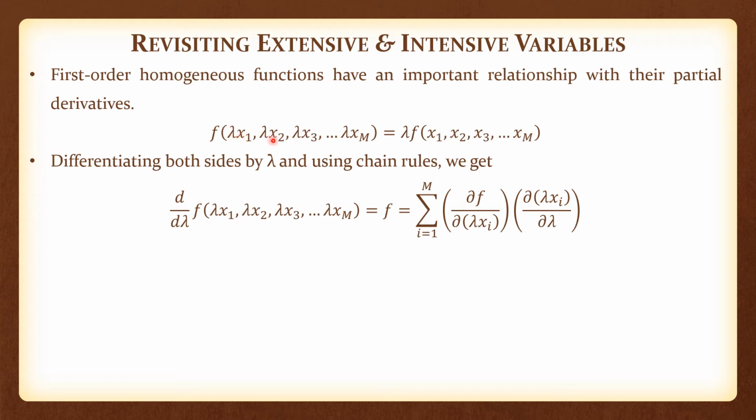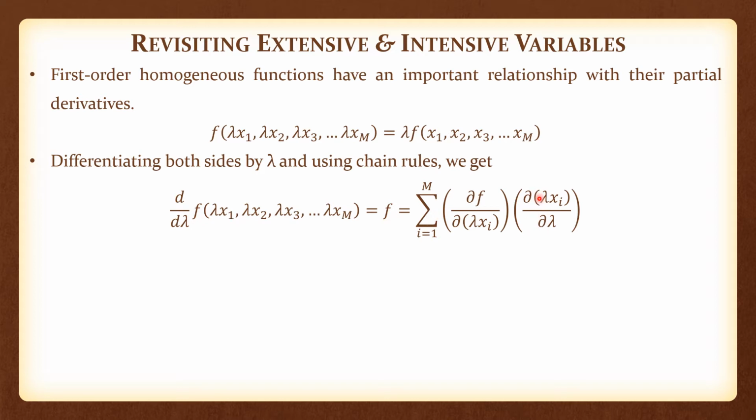I can express f of lambda x1, lambda x2, lambda x3, and so on and so forth, as the partial derivative dou f dou lambda xi times d of lambda xi, summed over i. This is the first independent variable. The change df, a differential change in f, could arise due to a differential change in lambda x1 or lambda x2 or lambda x3 and so on. I have taken that df and used it to construct the first derivative of f with respect to lambda.